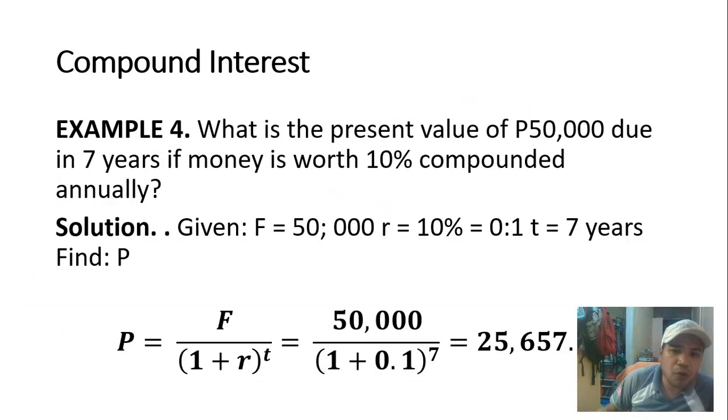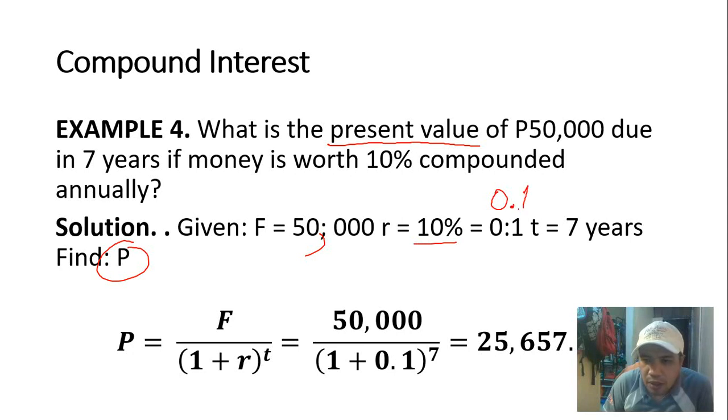So example number 4. What is the present value of 50,000 due in 7 years if money is worth 10% compounded annually? So it says here, what is the present value? So P is missing. F is 50,000. R is 10% or 0.1. T is 7 years.